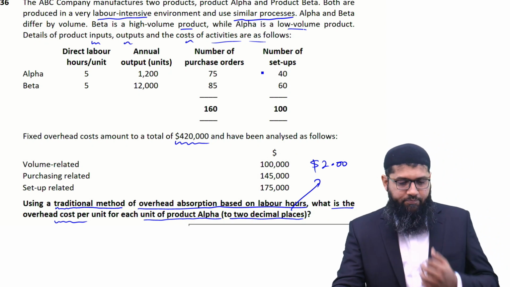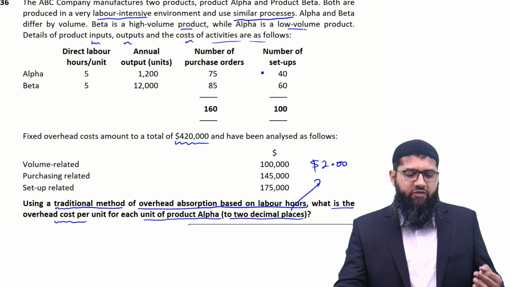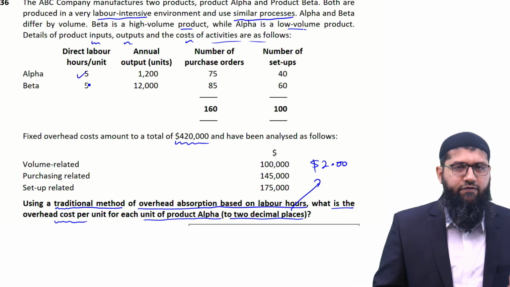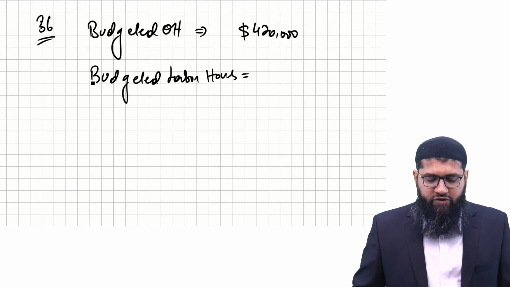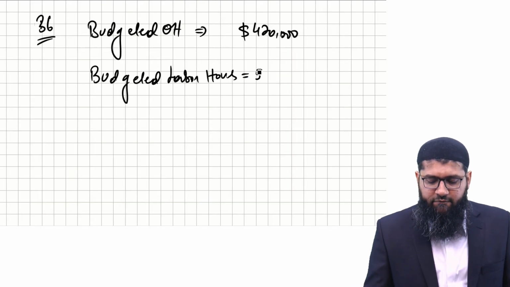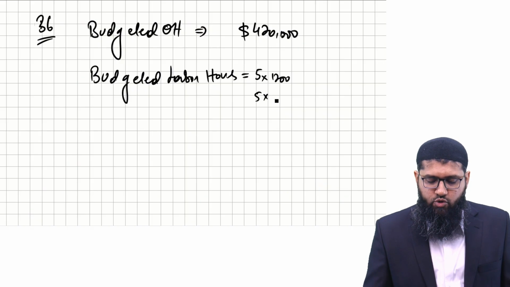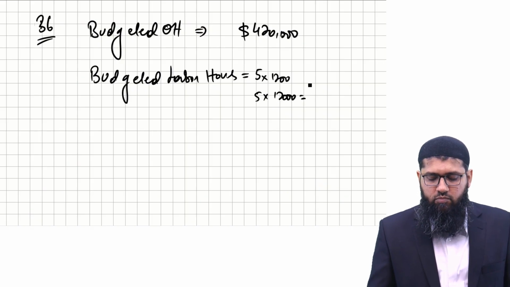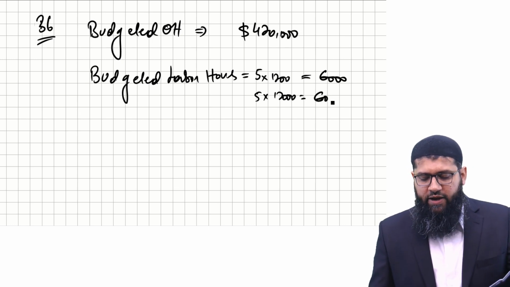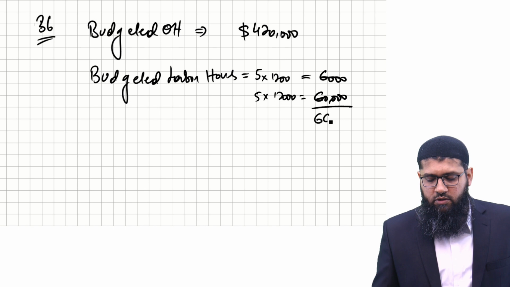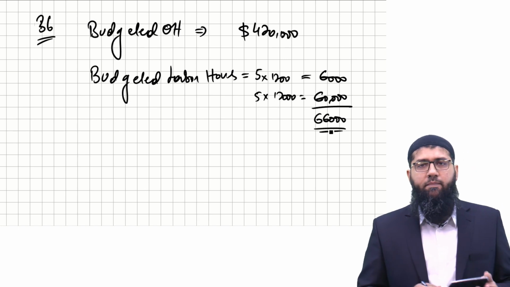The budgeted labor hours are going to be: you have got 5 hours per unit for alpha and 5 hours per unit for beta. So you're simply going to say 5 into 1,200 and 5 into 12,000. Here you get 6,000 hours, here you get 60,000 hours. 66,000 is your budgeted labor hours.